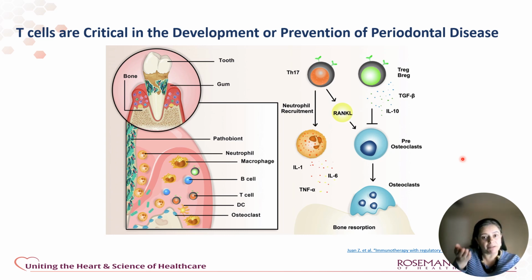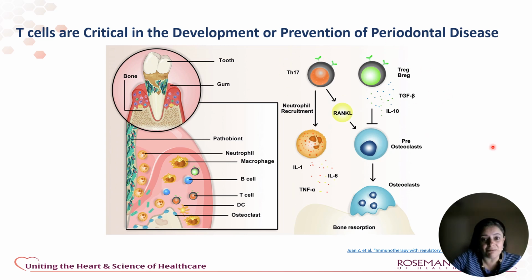If there is a disbalance in which the population of Th17 cells increases, then we will have the activation of more cells like neutrophils that contribute to inflammatory processes, and then the production of other molecules, such as RANK ligand, that will contribute to the bone resorption and inflammation that we see in periodontitis.